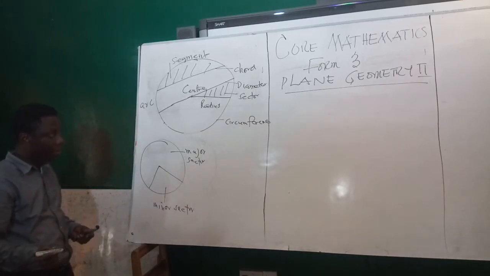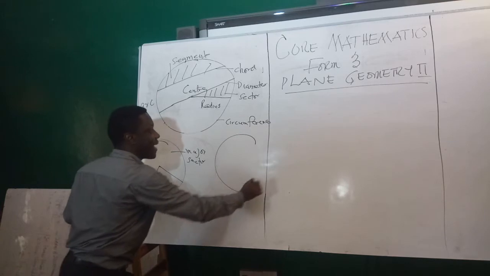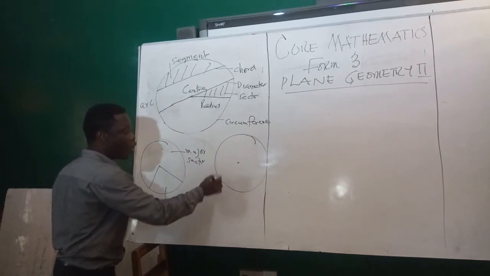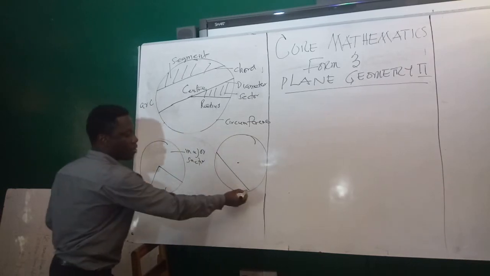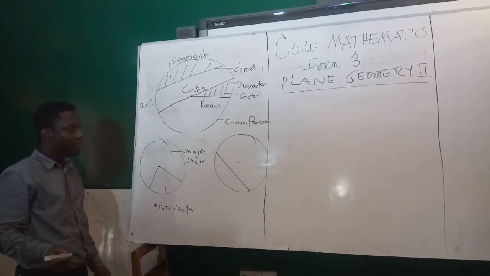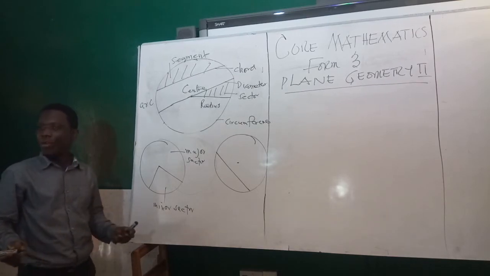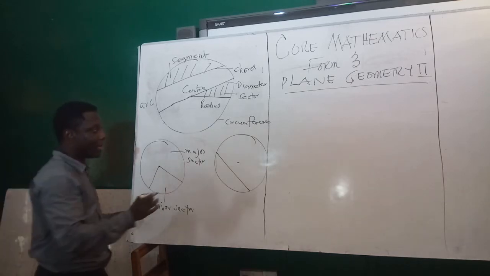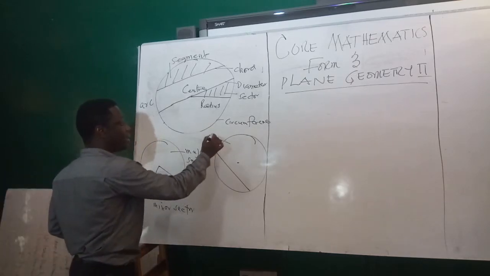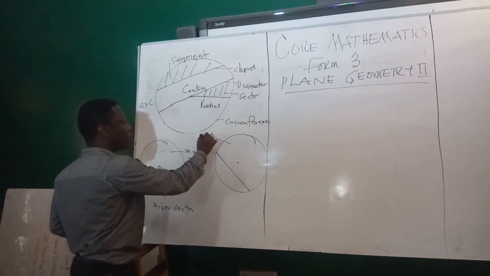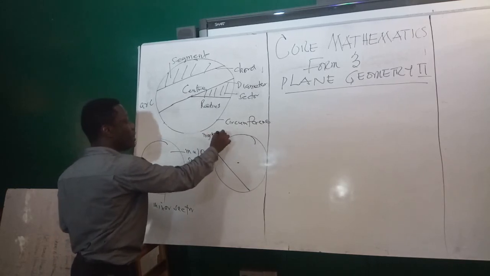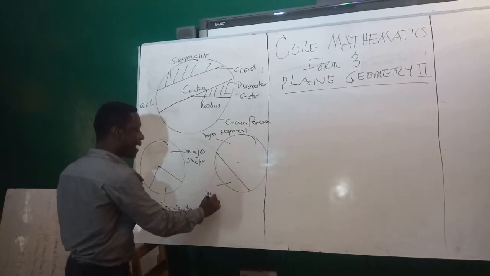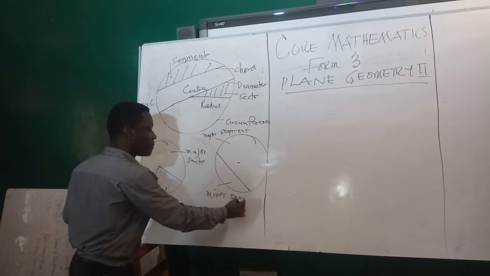Now similarly, if you have a circle with a center and you had a chord, for example, from what I have here, again you divide the whole circle into two, what we call two segments, so that the bigger one we'll call a major segment, and the smaller one we'll call a minor segment.